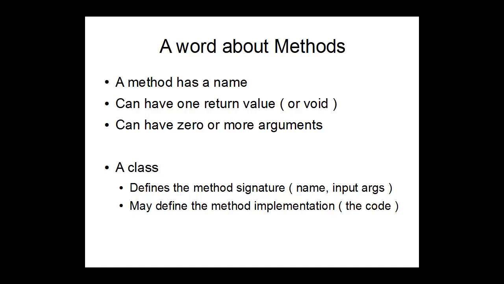So when you define a class, you define the method signatures and the method implementation. So in the class, you define methods and attributes, but we're concentrating on methods here. It turns out that you do not have to implement the method. So a class can define a method with an empty body. That is, it could define a method with no code in it. It's just defining the signature, that is the method name and the input args.